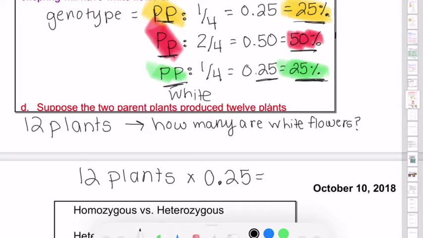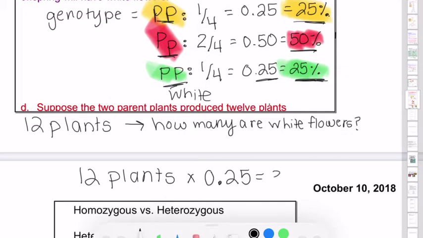And by doing that, we can figure out how many plants are going to be white. Maybe you can do this in your head, like a quarter of 12. You can probably see it. But if I go 12 plants times 0.25 in my calculator, I get 3.